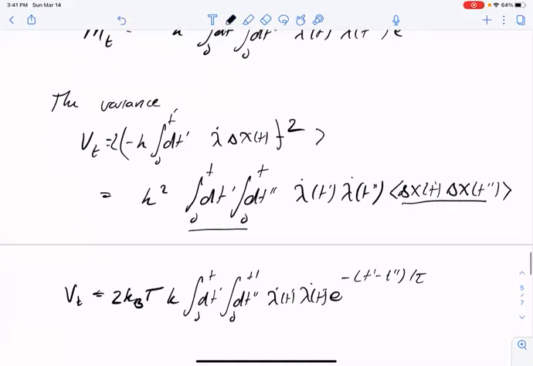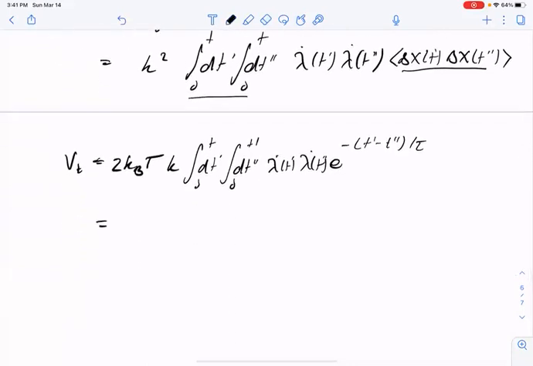So in fact, what we have just found is that it would have been sufficient to have just computed the mean itself. The variance is twice kBT times the mean. The variance of the work is proportional to the mean value of the work in this case.